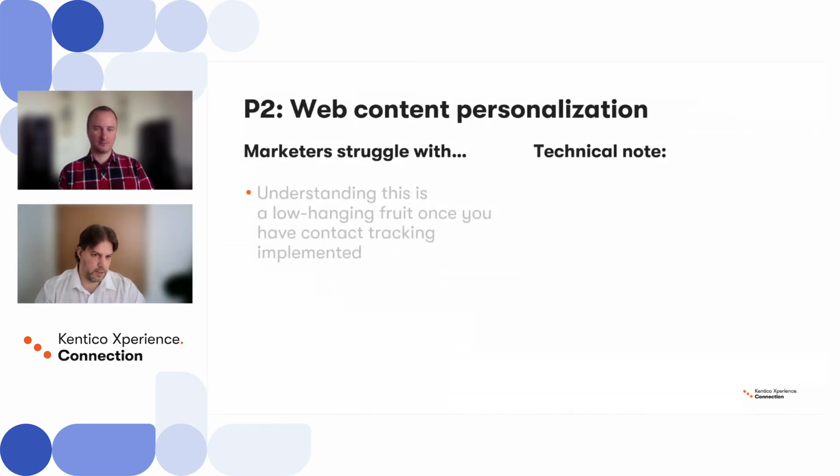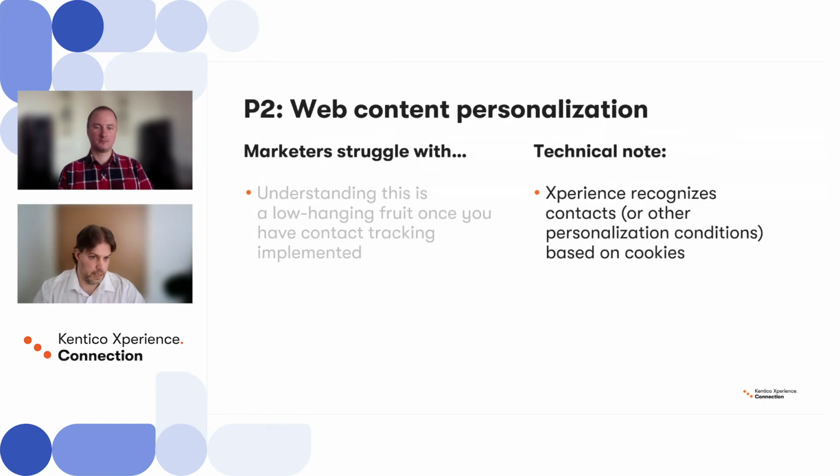But when developers are preparing the widgets, you may want to also consider whether you are going to use the content personalization feature in the future. You'll need to decide how you will recognize your website visitors. In the demo that you have seen previously, we're using the contacts as the means of personalization.